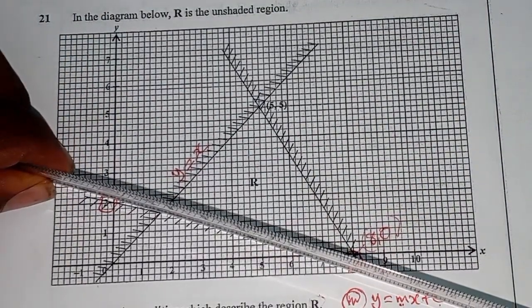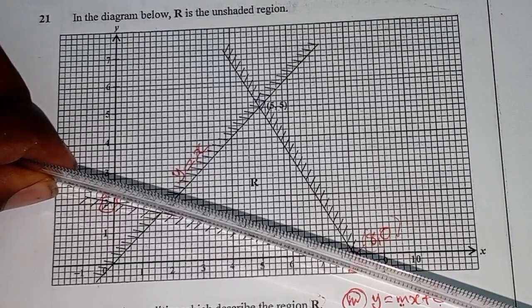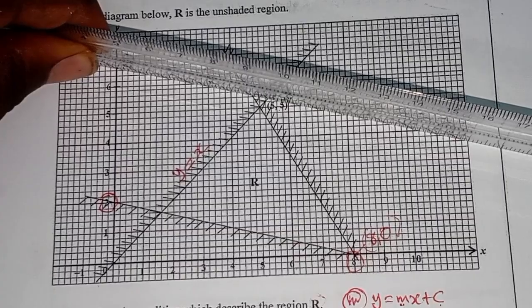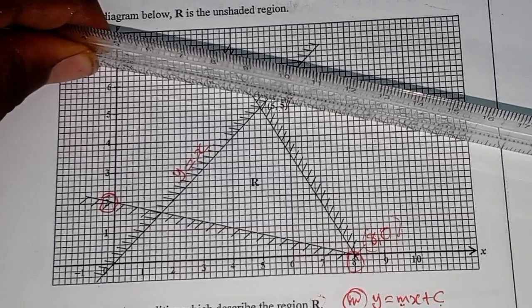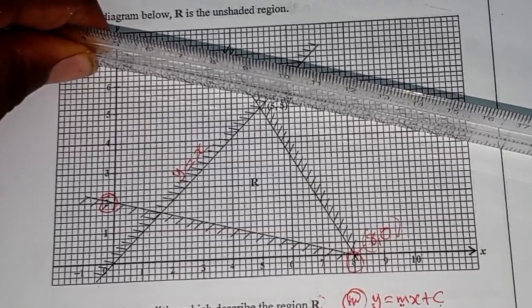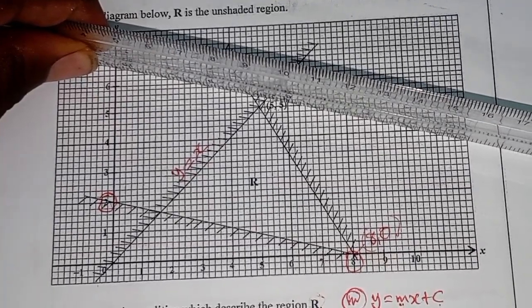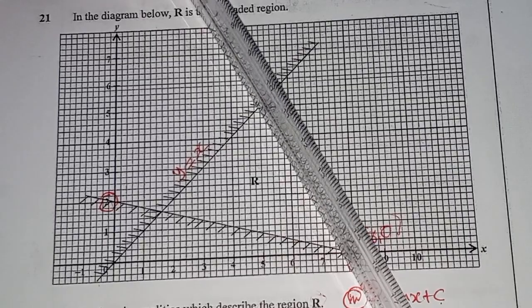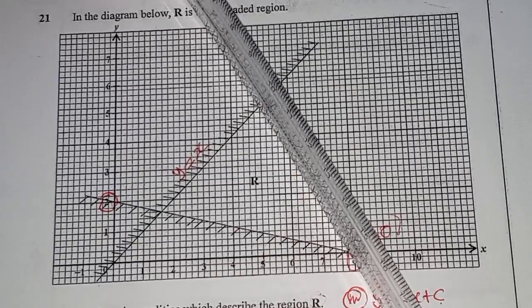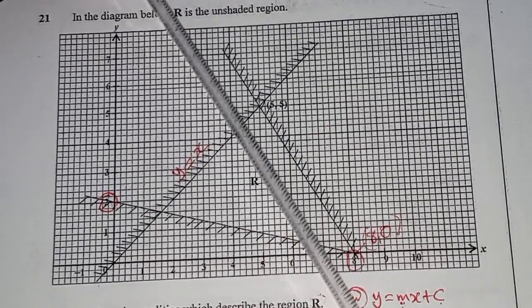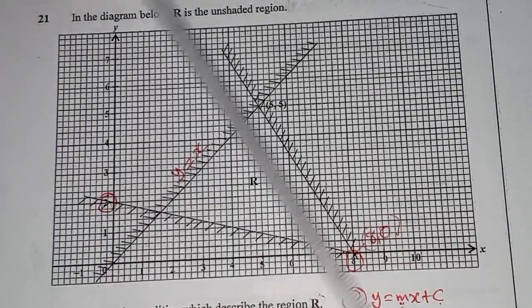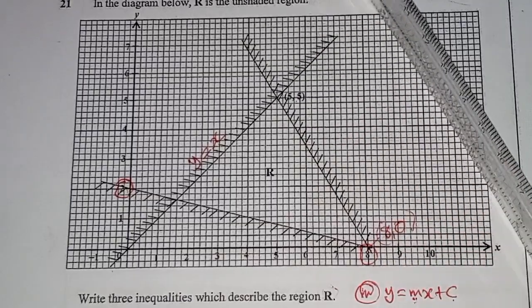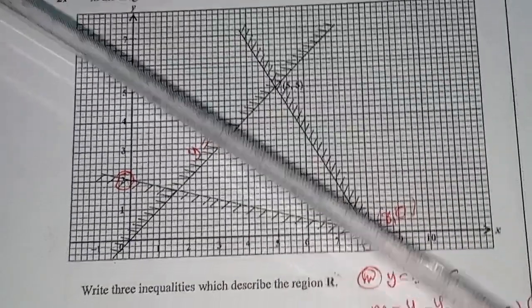So it is going to be y is greater or equal to negative 1 over 4x plus 2. Now we've got this line, and we want region R. For this line, region R is less. So this is less, this is greater.